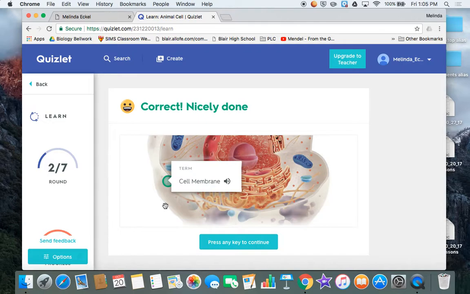Get your little foldable out. There you go. Let's do the learn. It's on her page. It says animal cell. So you can review your foldable.